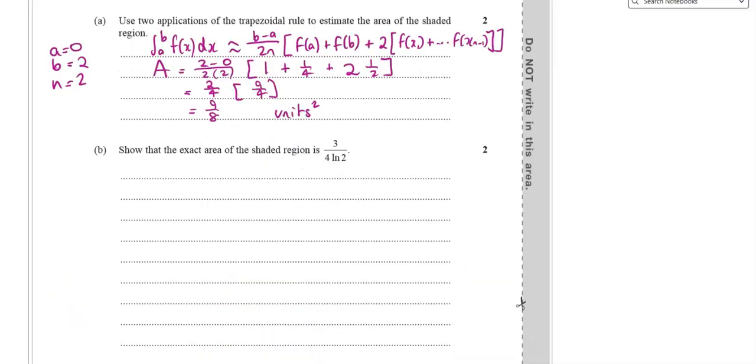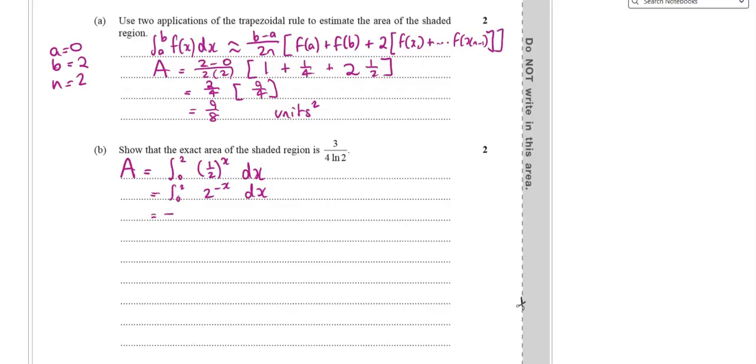Part B says show that the exact area of the shaded region is 3 over 4 ln 2. So I would be able to find the exact area if I integrated from 0 to 2 of the function, which is a half to the x dx. So it's 0 to 2 of 2 to the minus x dx.